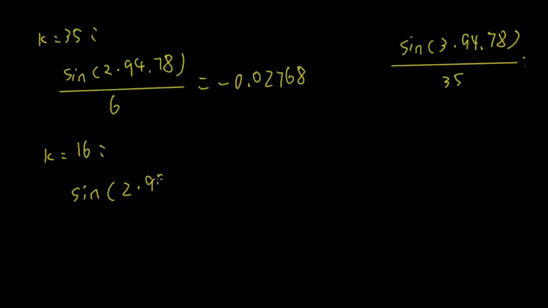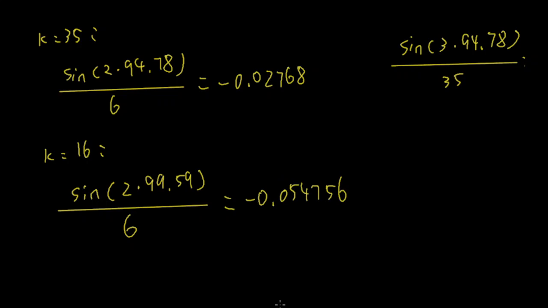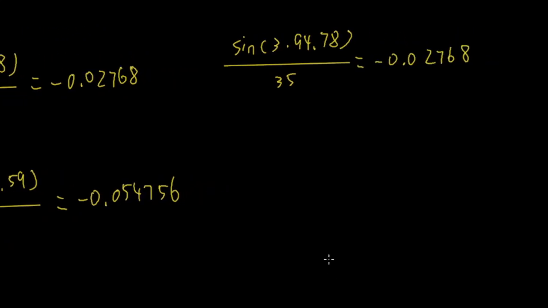So 99.59 divided by 6. That's the left side of the equation given in the question. And that gives you negative 0.054756 approximately. Okay, try the right side of the equation.